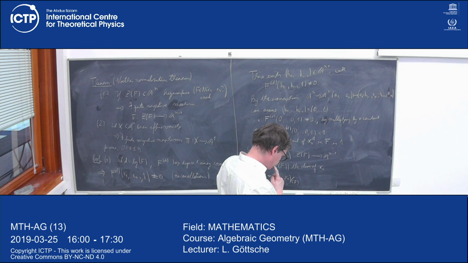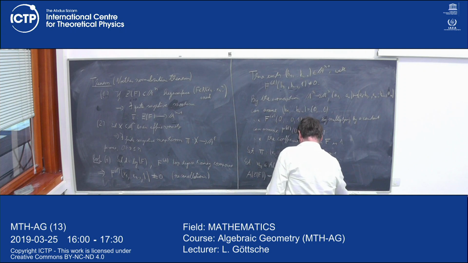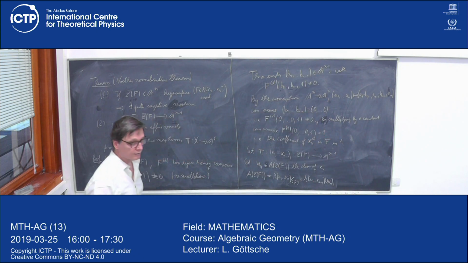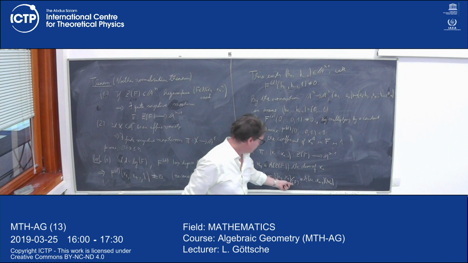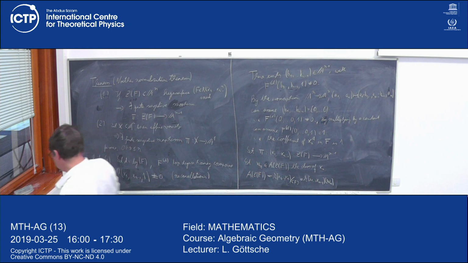So maybe I should have written it. So I first write this. So I just say this is equal to k[x1 to xn minus 1], the ring to which we have added Wn. Now this equation, this monic equation, let me write it out so that it's a bit clear.